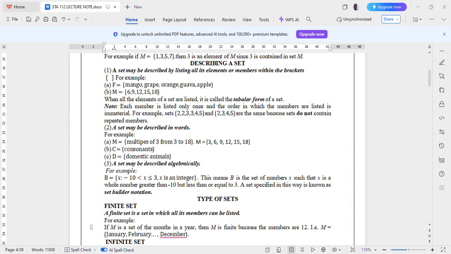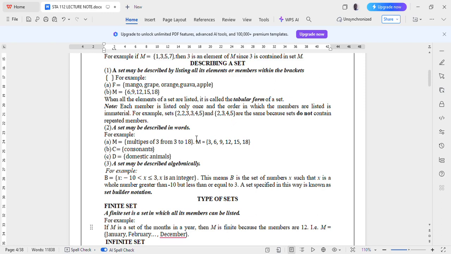For example, if I say I am older than you and you are younger than me, we are saying the same thing in different ways. So if you want to read this, you say x is such that x is greater than minus 10, less than or equal to 3.